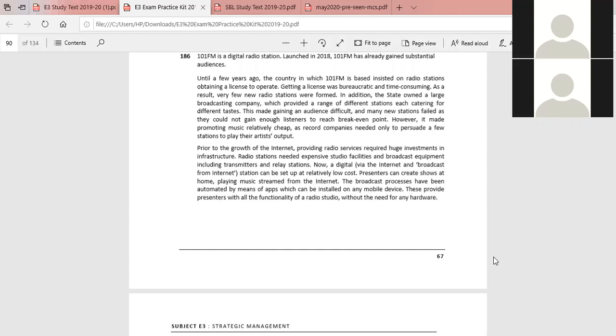Getting a license was bureaucratic and time consuming, so they stayed away from entering that zone of doing business. So very few new radio stations were formed, right?